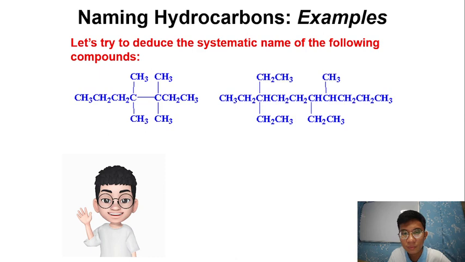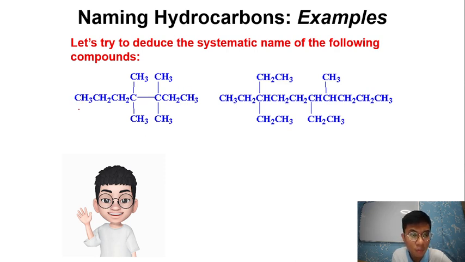Okay? Now, let's give more examples. So, ito naman, gagamit naman ako ng condensed structure. So, kailangan nating hanapin yung ating locant, prefix, parent, and the suffix. So, mabilis kang makita ito. Ngayon, ang tanong is, unang substituent na encounter natin.